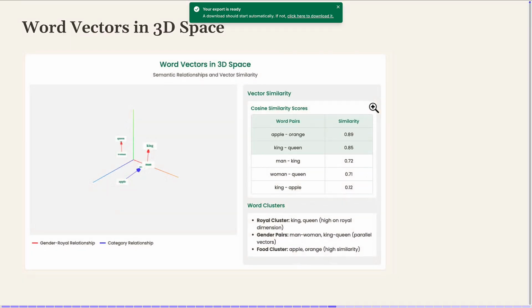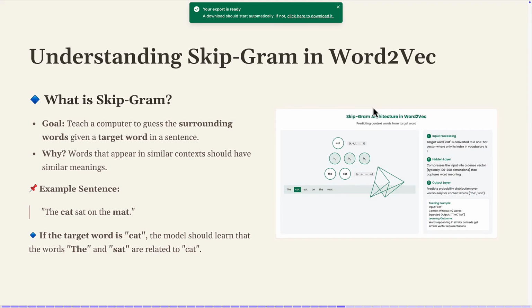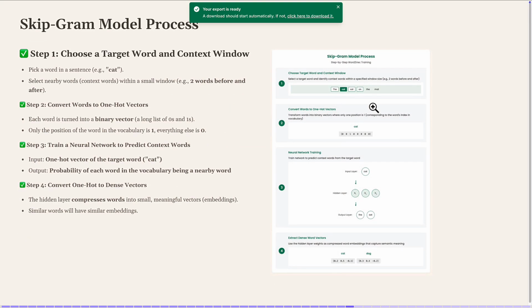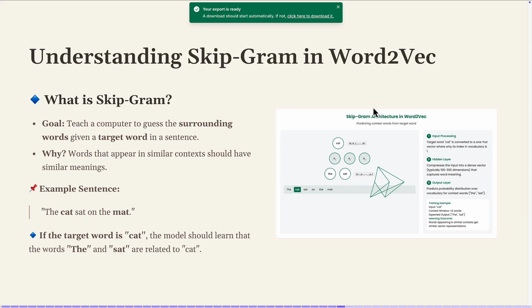Okay, so the word2vec in 3D space, these are just additional representations of how we can cluster these words. Okay, skip-gram in word2vec. Let's have a break, okay? You can digest this and then we can come back to it, inshallah. Any question? Does it make sense?